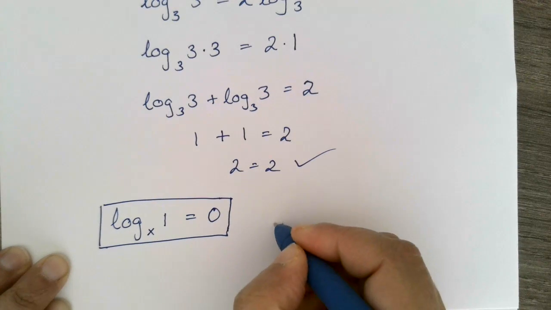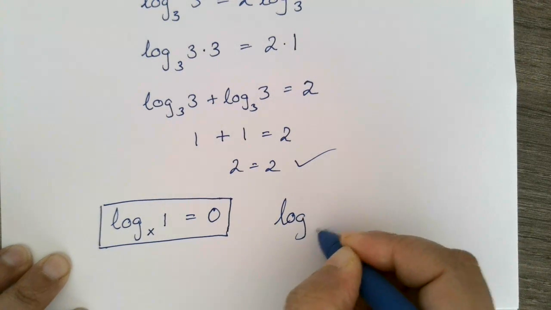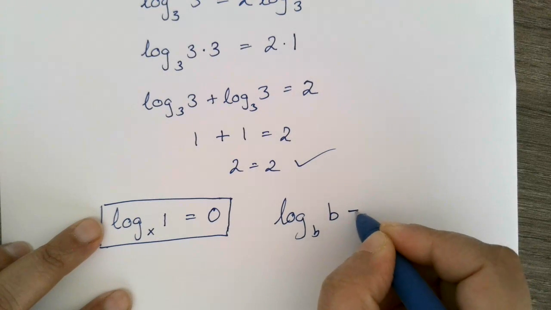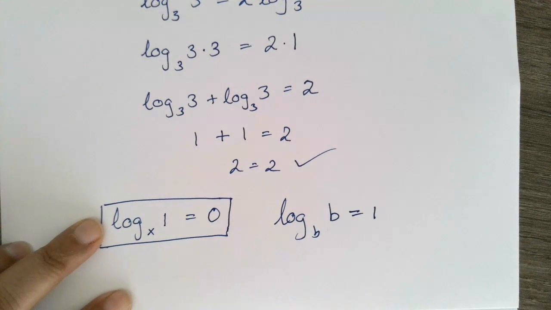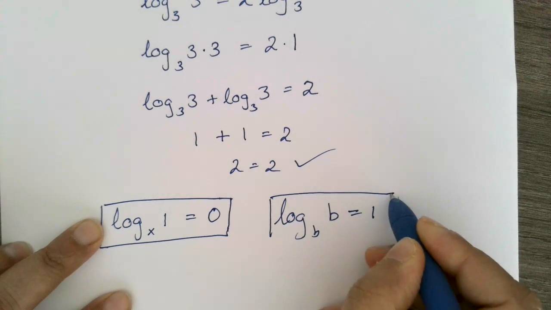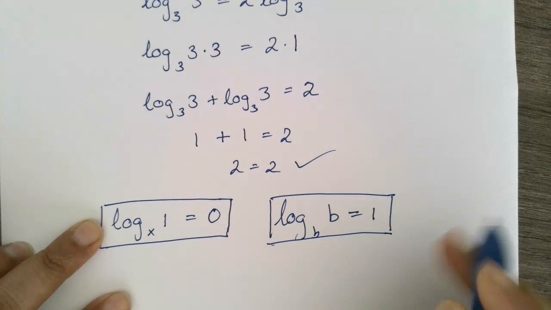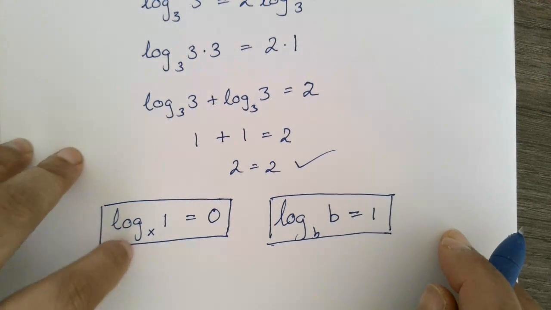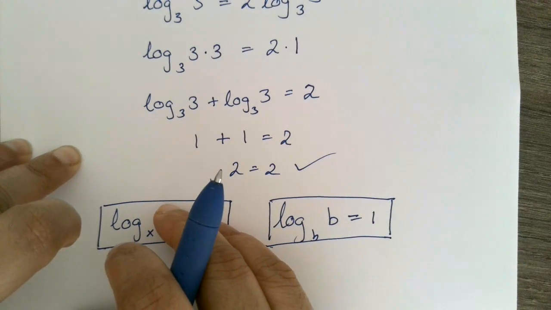Now we also know that log base b of b is equal to 1, because b to the power of 1 is equal to b. I have two more properties that we can go over.